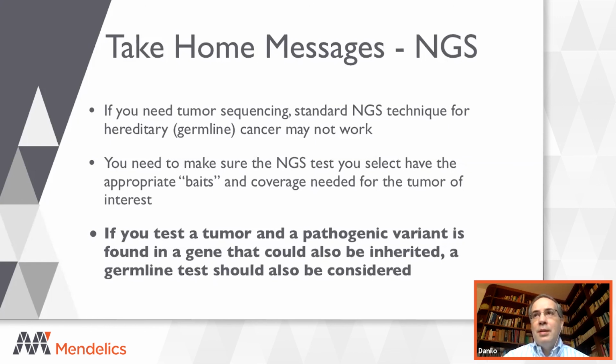For example, if I test a child for a brain tumor and I find a mutation in TP53, I should consider this child might have Li-Fraumeni syndrome. So I should do a germline testing to find out if this TP53 mutation was inherited or not. So this is one special situation.